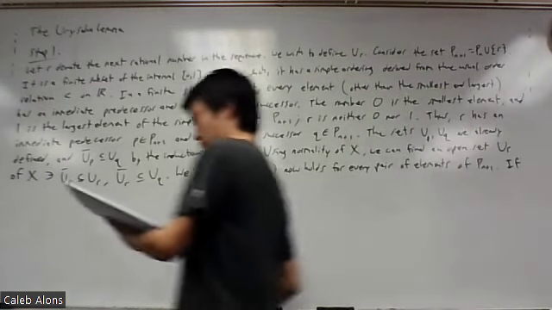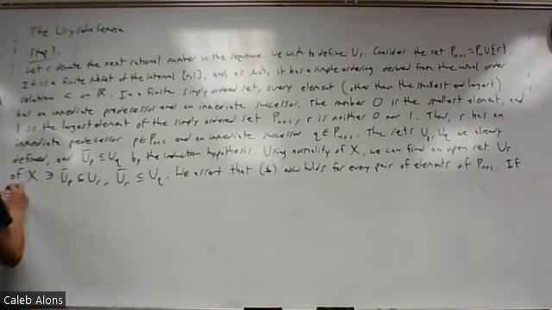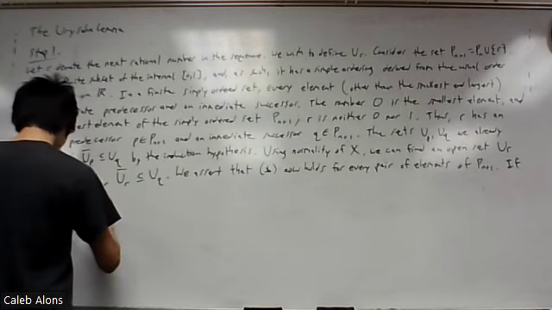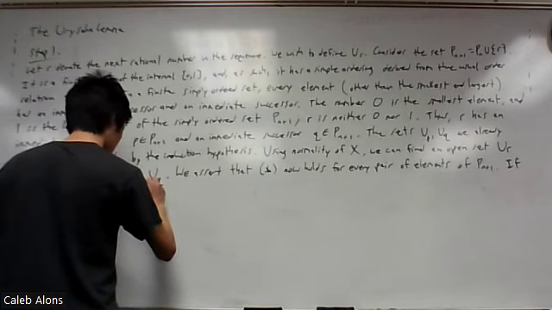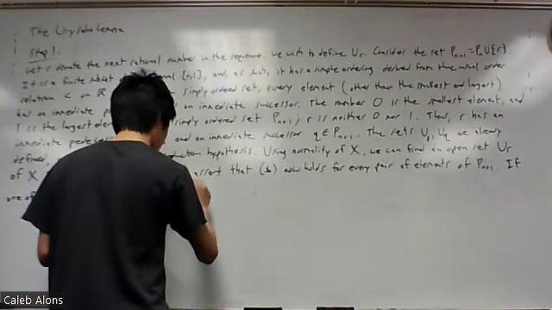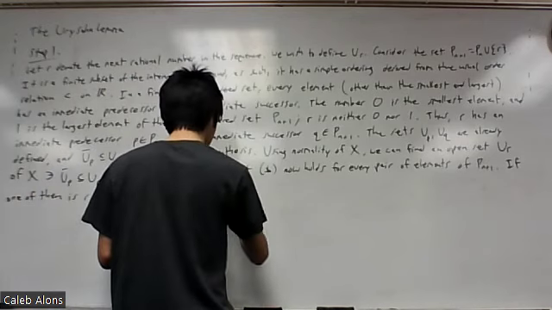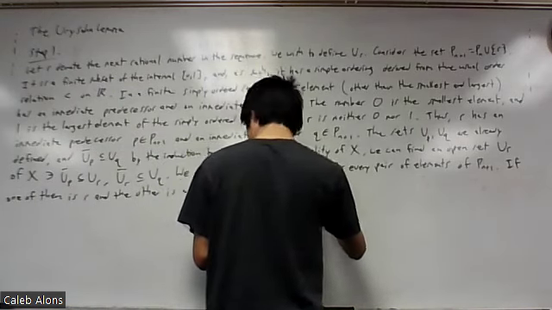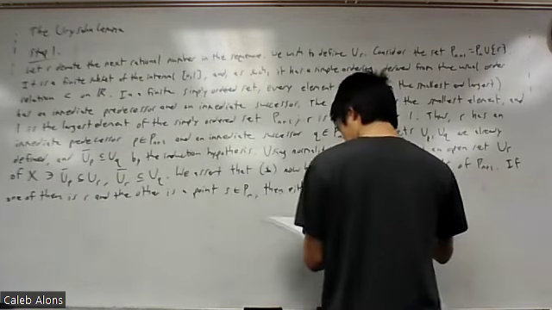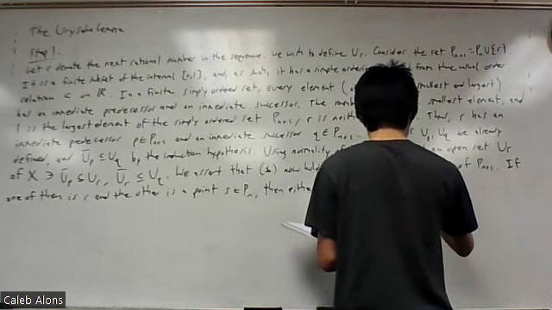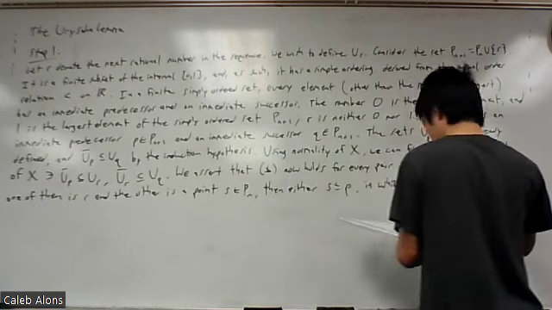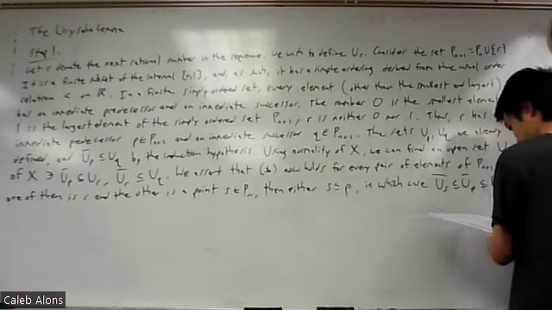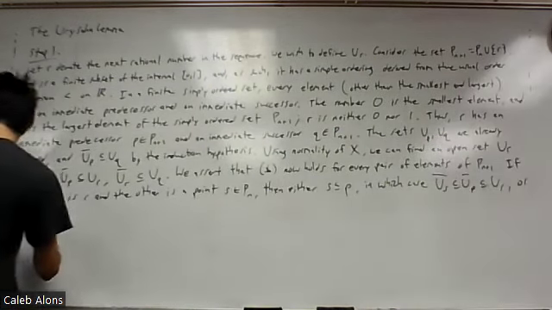And if one of them is R and the other is a point S in P sub n, then either we have S being less than or equal to P, in which case we just have that the closure of U sub S is contained by the closure of U sub P, which is contained by U sub R, or S could be greater than or equal to Q.